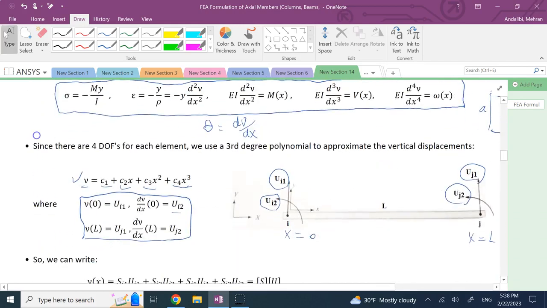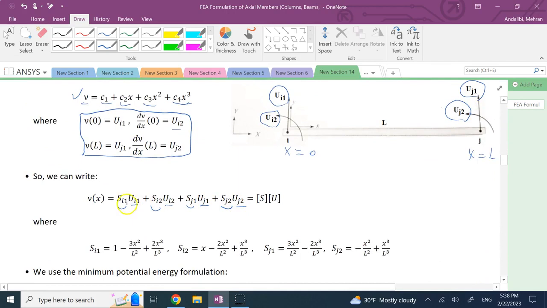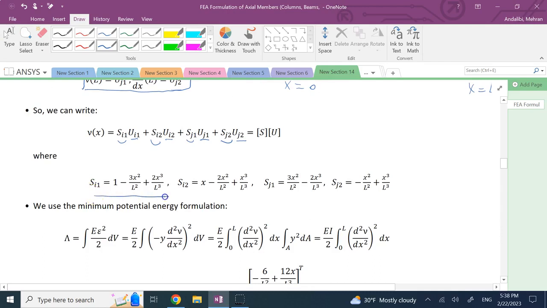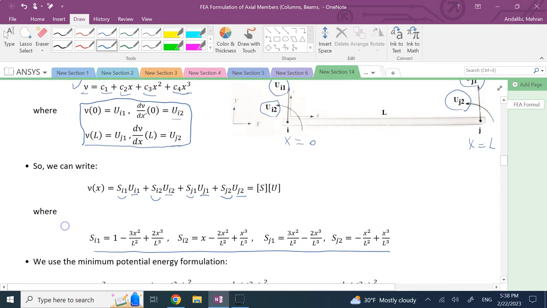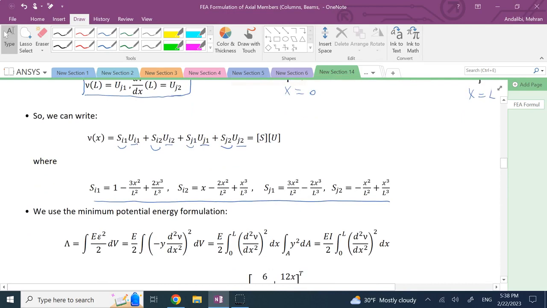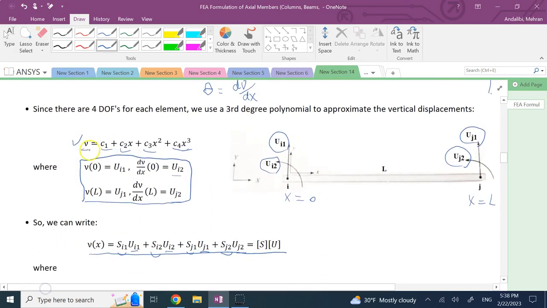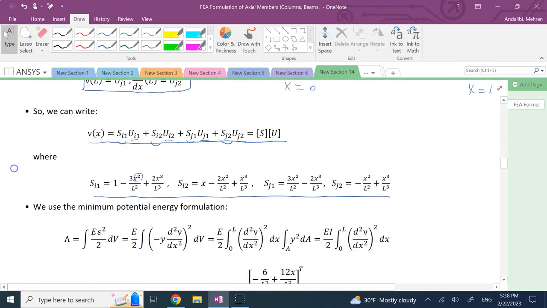We do the exact same thing for beams, but here we have 4 nodal values and 4 shape functions, SI1, SI2, SJ1, and SJ2. These functions come from the constants C1 to C4 and their combination with the length of the beam and the x position. So this is basically my vertical deflection of the beam at any point. It's the vector S, which are functions of x, times U, and clearly in this case it is a nonlinear function because in the beginning we already considered it nonlinear.